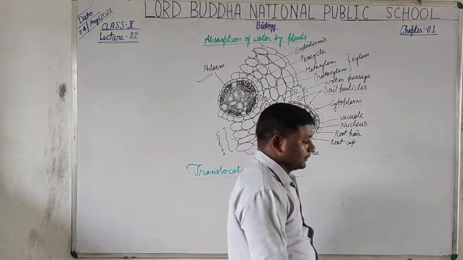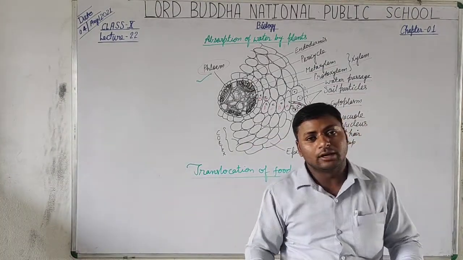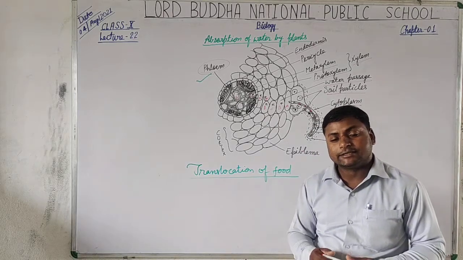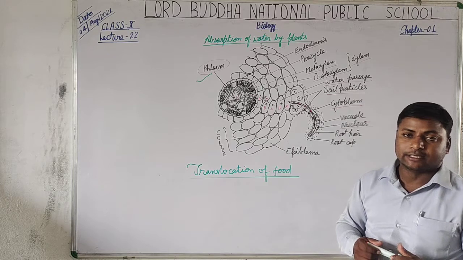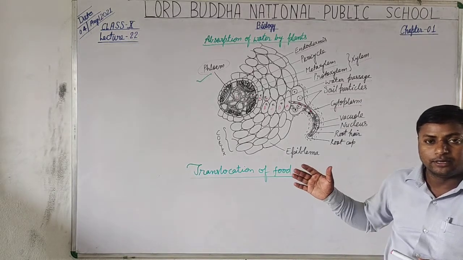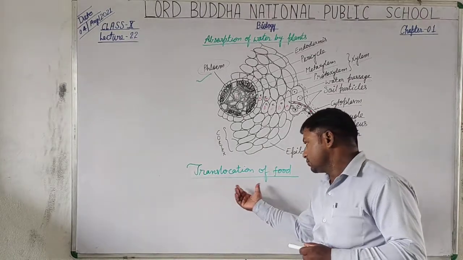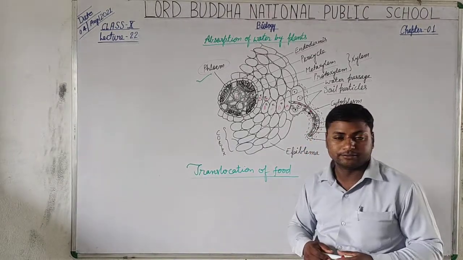The distribution of food to each and every cell and other parts of the plant body is called translocation of food in plants.